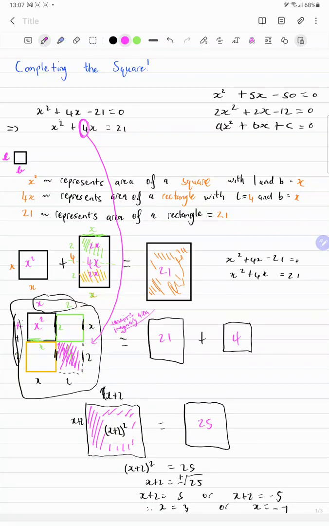But it ceases to become imaginary once we add it to the right hand side also, and that's why we halve the coefficient, square it, and add that to both sides of the equation. So that is why, to find the area that would complete the square on the left hand side.